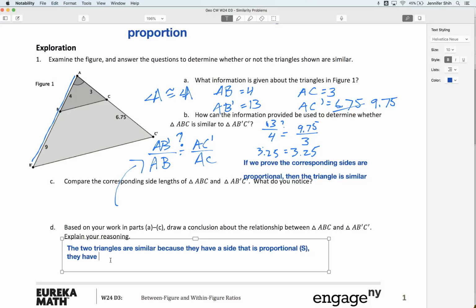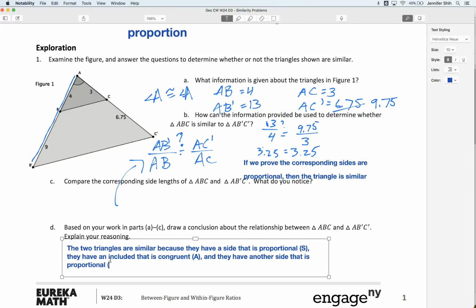They have an included angle that is the same, and that's angle A in this case. And they have another side that is proportional. So, side angle side, the two triangles are similar.